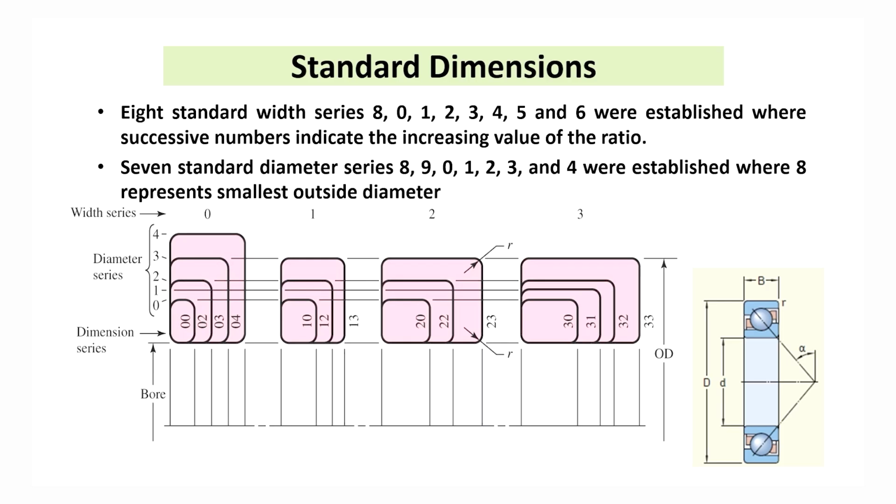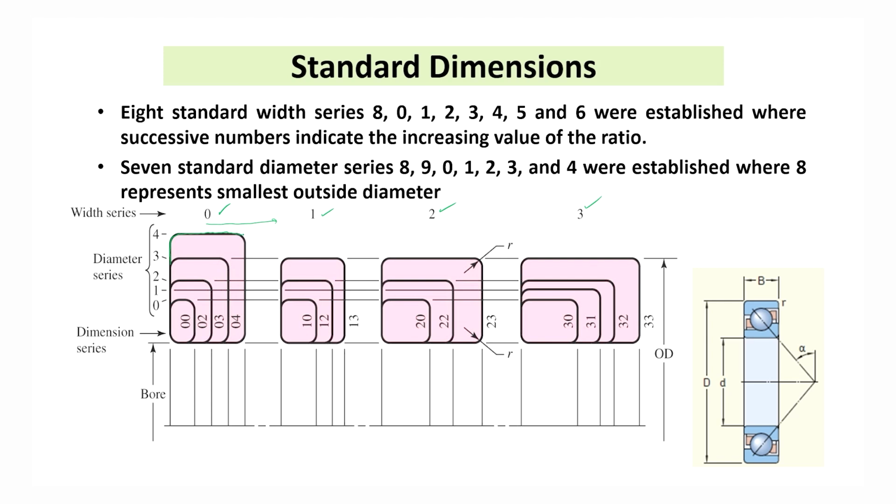These are shown here. The width series is represented in this figure as 0, 1, 2, 3, and you see when you are moving from 0 to 1, 2, 3, how the width is increasing.